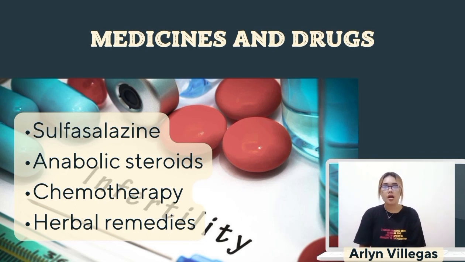Medicine and drugs. Certain types of medicine can sometimes cause infertility problems. These include sulfasalazine, an anti-inflammatory medicine used to treat conditions such as Crohn's disease and rheumatoid arthritis. Sulfasalazine can decrease the number of sperm, but its effects are temporary and your sperm count should return to normal when you stop taking it.